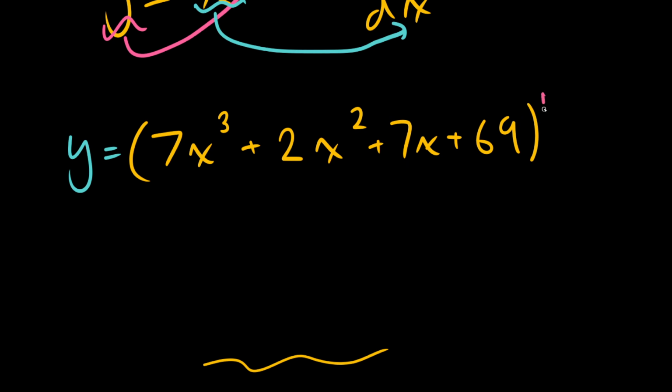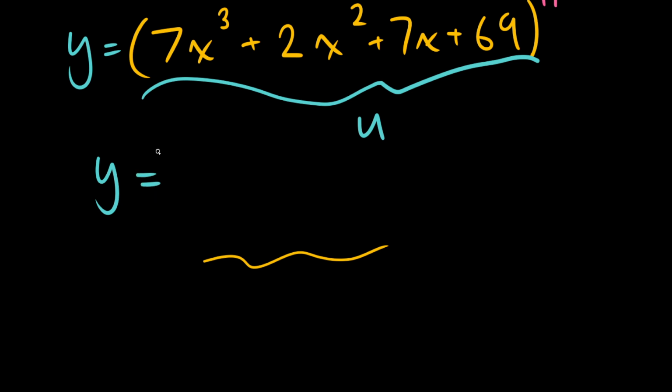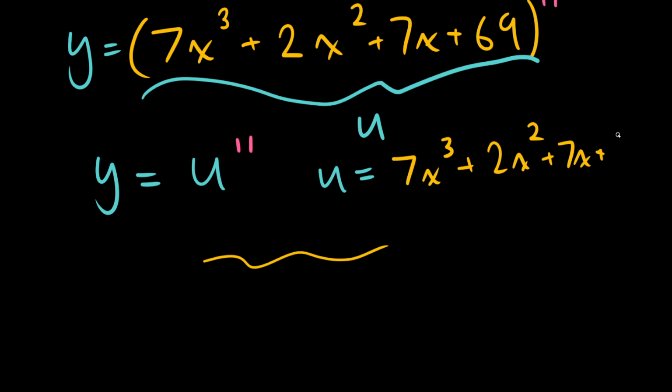If we instead call this part u, we can say y is equal to u to the 11th. And then we can say that u is equal to all this. And then now it's a bit easier to look at.